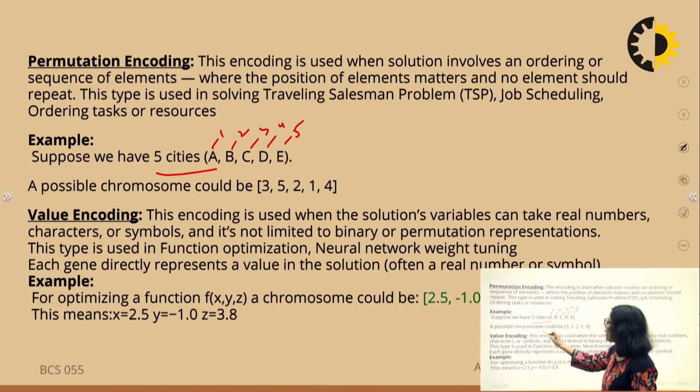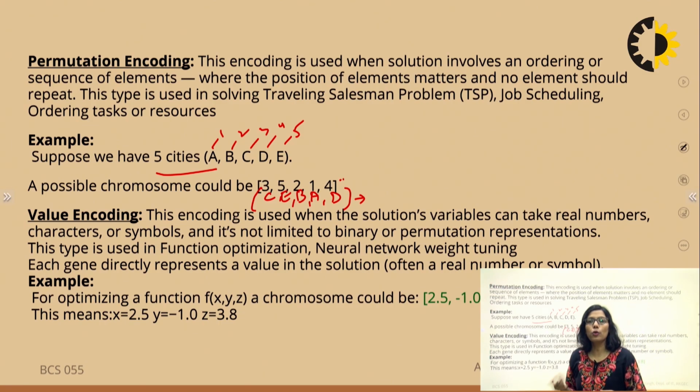So, one possible chromosome could be that I visit 3, 5, 2, 1, 4. So 3 is C, 5 is E, 2 is B, 1 is A, 4 is D. This is my phenotype, and this is my genotype. This is how I am representing my solution as various combinations or permutations of my values.